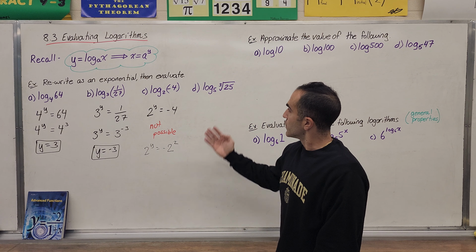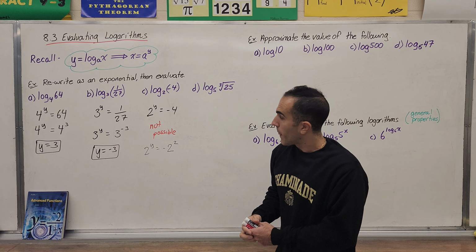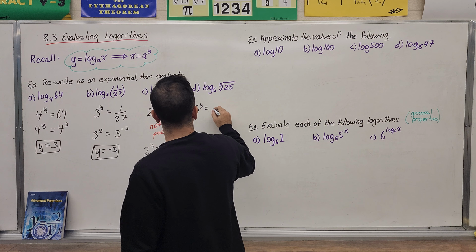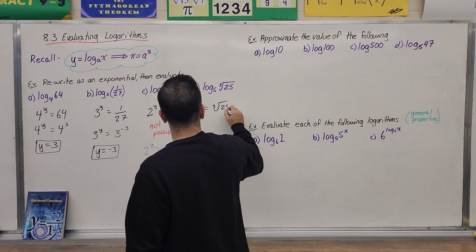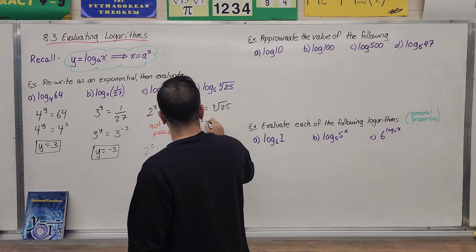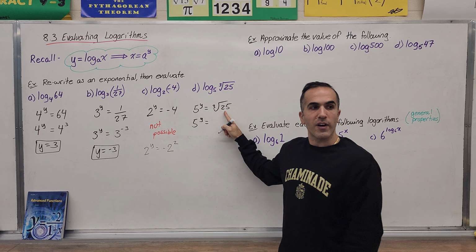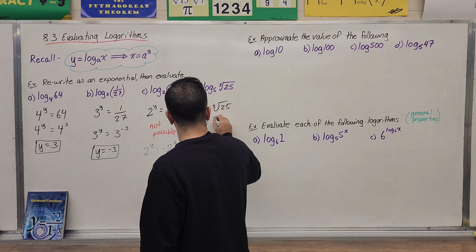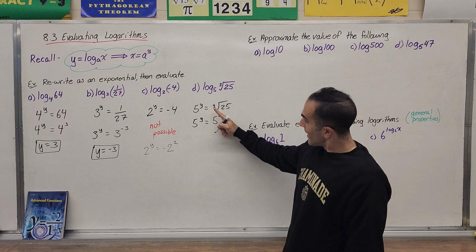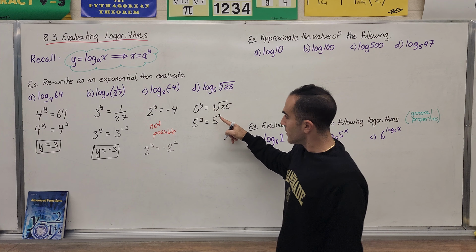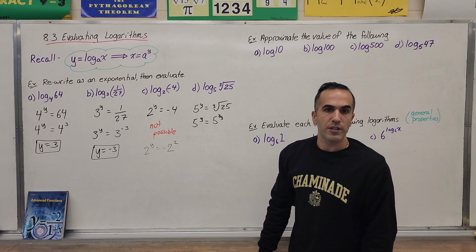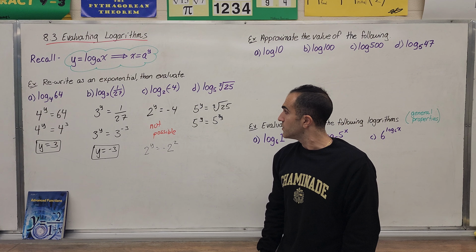Let's bring back our knowledge of radicals. Okay, so I'm going to say 5 to the y equals the third root of 25. And then I'm going to remember how to change this third root of 25 into a power. This is 5 squared. And the index of the radical is the denominator of my exponent. So this is 5 to the 2 over 3. So remember how to change those radicals.